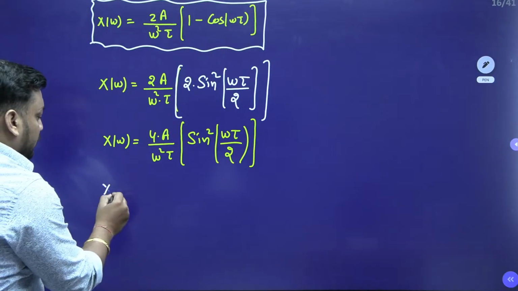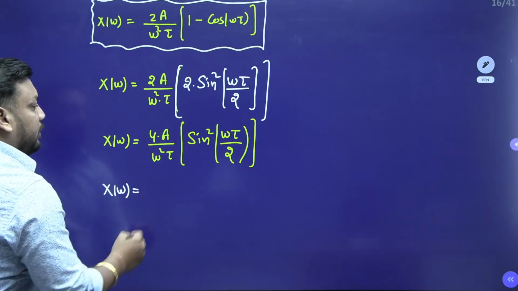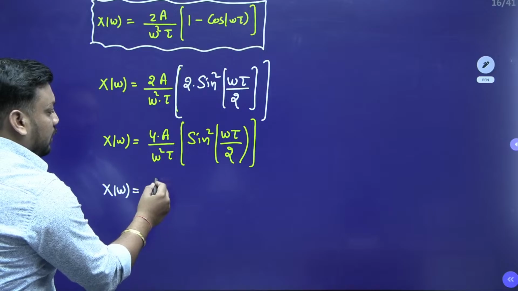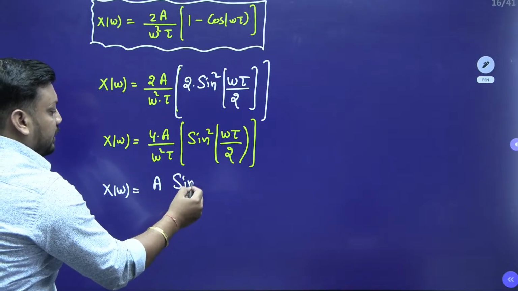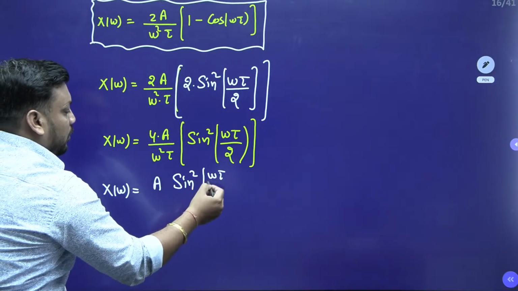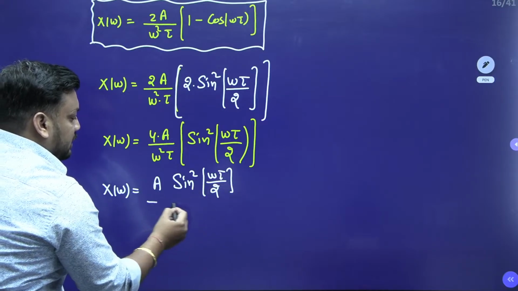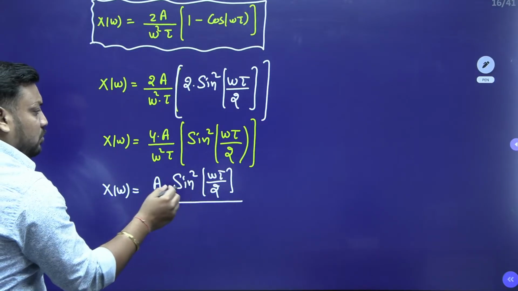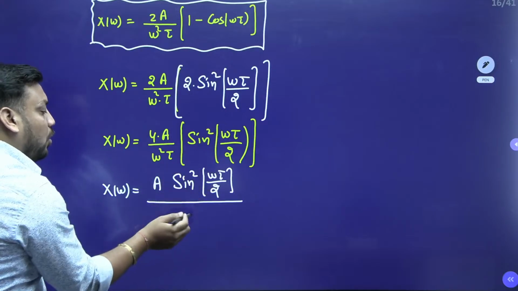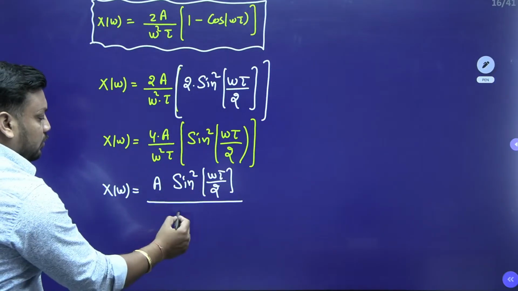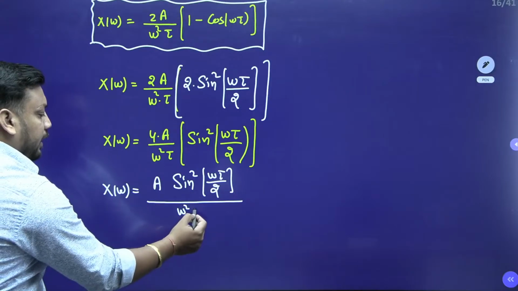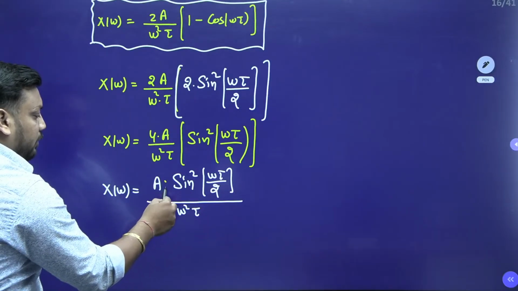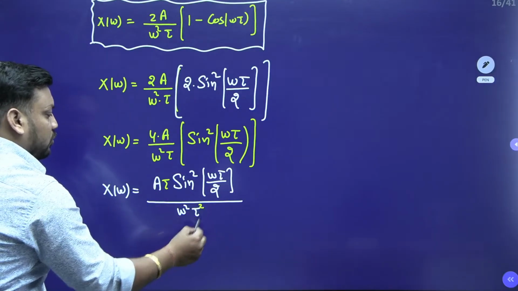So now ultimately you should tell me, beta, what is X(omega)? X(omega) will be A into sine square omega tau upon 2. If I want to convert this expression into sampling form, then I need to generate omega tau by 2 whole square in the denominator. So I already have omega square, I already have 1 tau, but if I multiply with one more tau, I can have tau square also.